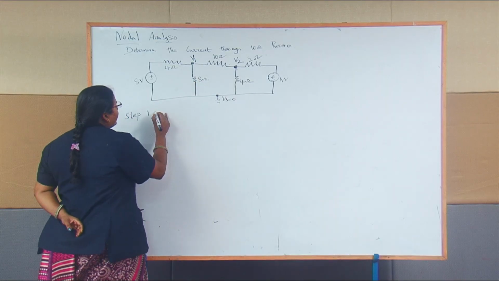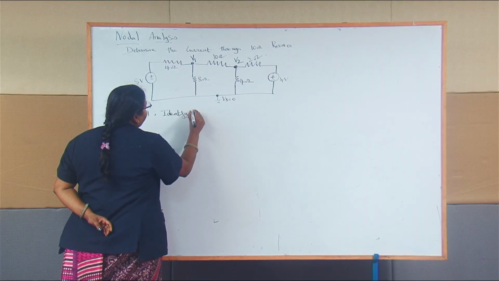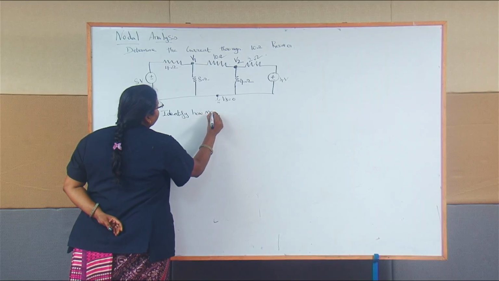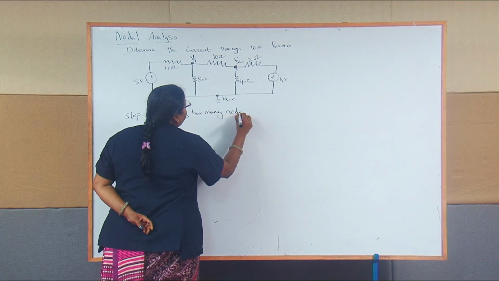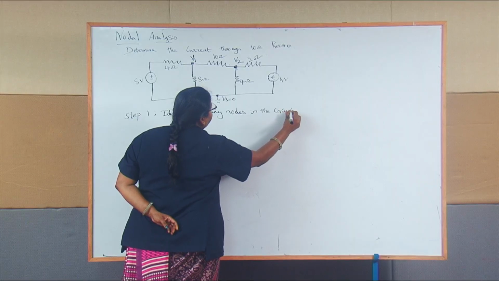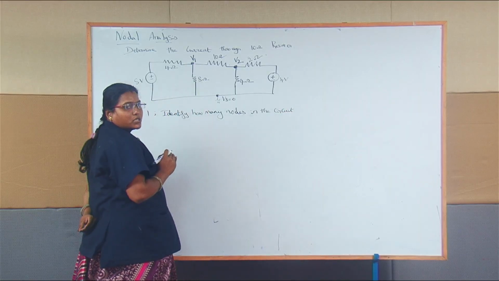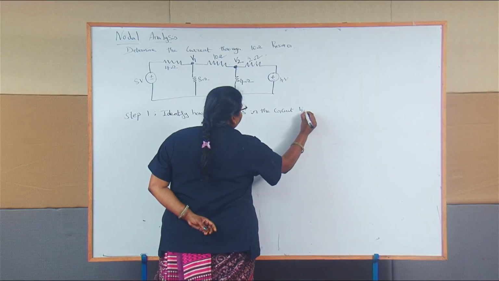So now you have to identify how many nodes are in the circuit. Actually it has 3 nodes but one is the reference node. So 2 nodes, V1, V2.